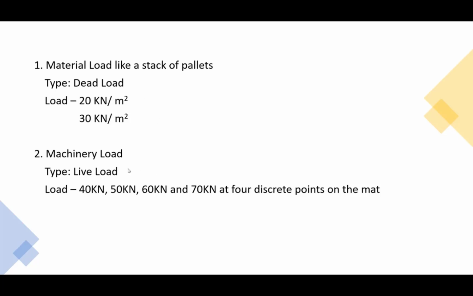The material load will also be assigned in the program as a dead load. The machinery load will be defined with 4 different values at 4 discrete points on the mat foundation. The machinery load will be assigned in the program as a live load.